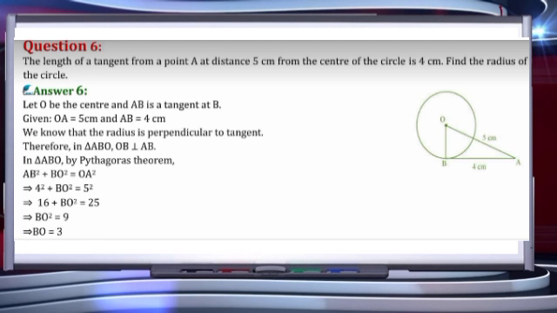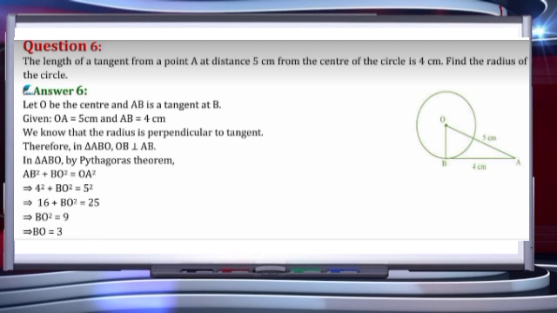So we have a circle with center O and a point A which is 5 cm away from the center, and the tangent to that circle is 4 cm. We have to find the radius of the circle.